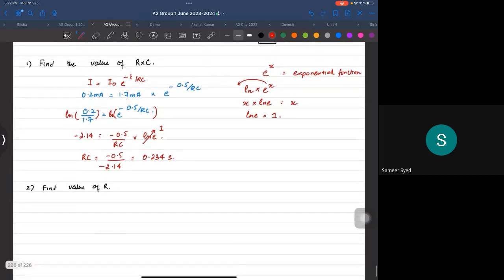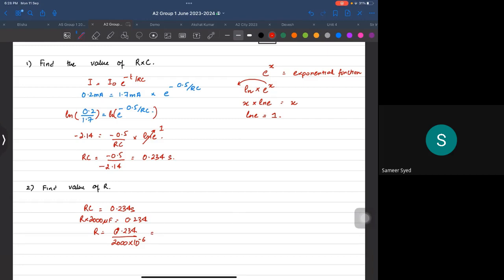Now it says we have to find the value of R. So the time, basically RC, is equal to 0.234 seconds, and the capacitance was 2000 microfarads. So we're going to simply divide it, and it's going to be 0.234 divided by 2000 micro, which is 10 raised to minus 6.